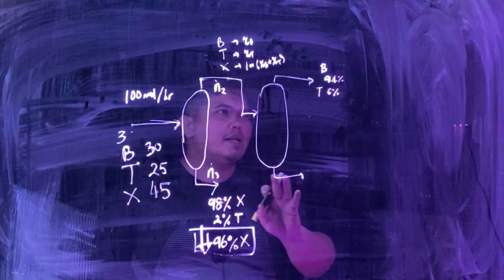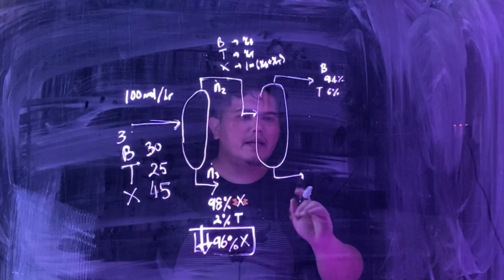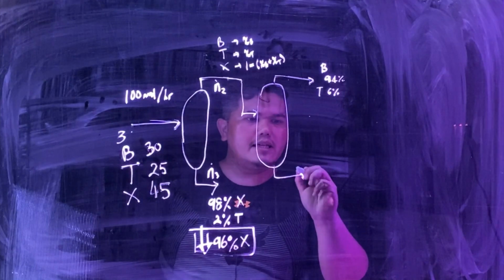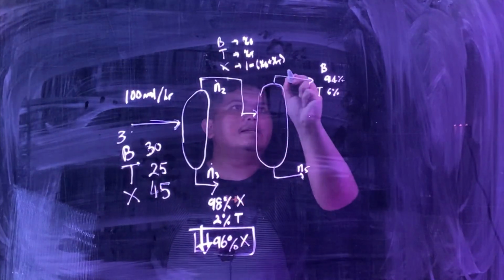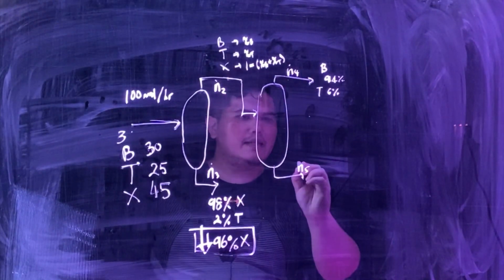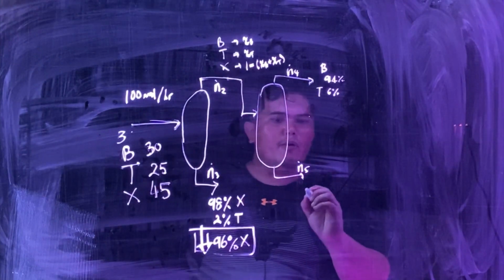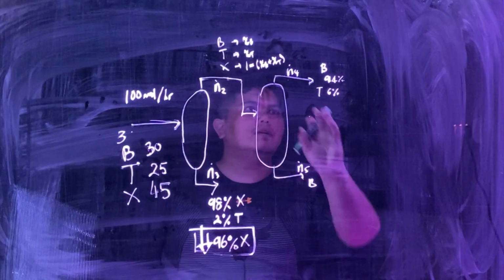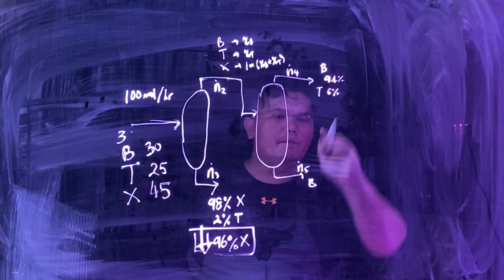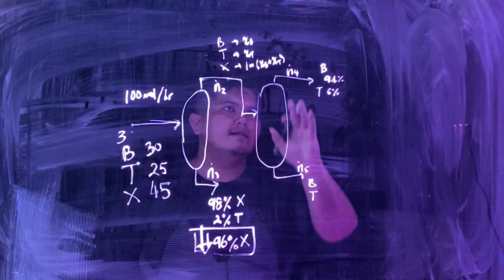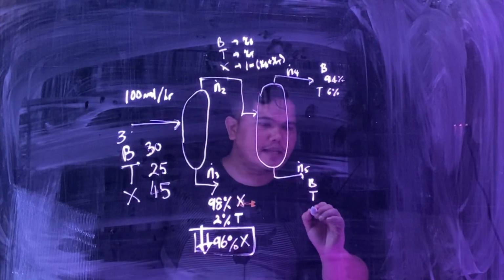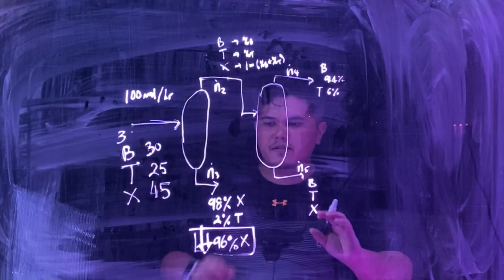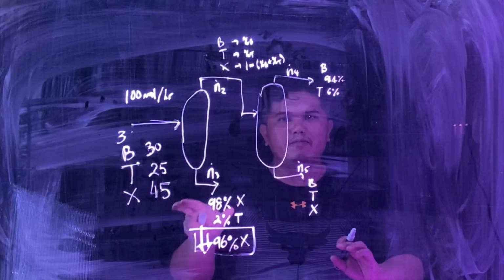So at the bottom part here, we have N5. So this is N4. This is N5, another molar flow rate which consists of benzene left over, which does not go to the top. We have toluene, and then we have xylene, which is a very small trace amount that is not recovered in the first column.